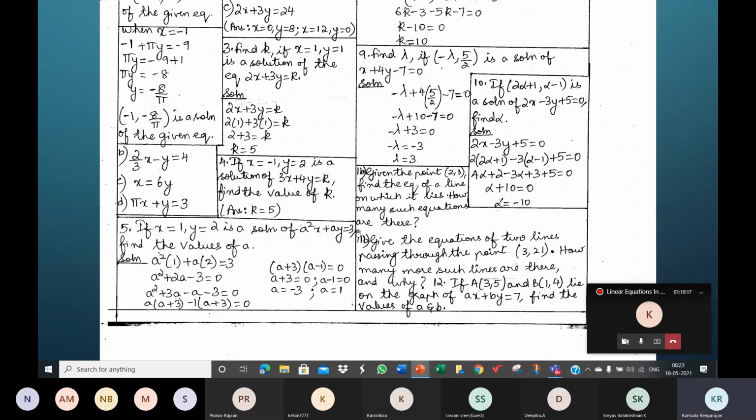So when a is minus 3, the equation will be, see here in the question, we do not know the coefficients of x and y. So now we found a is minus 3. So let's construct the equation. A is minus 3, so it will be minus 3 squared, 9x, minus 3y is equal to 3 is the equation. Or the equation can be, when a is 1, 1x plus 1y, that means x plus y is equal to 3.